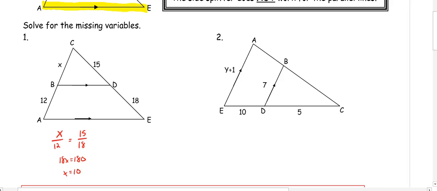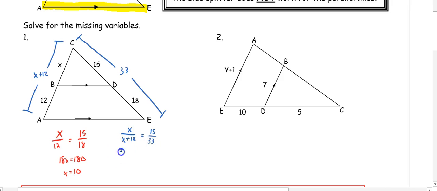So just a faster way of doing the problems compared to yesterday, because yesterday we would have had to do the entire length of both sides. So this side would have been x plus 12, and this side would have been 15 plus 18, which would have been 33. So if I was solving like we did yesterday, we would have had x over x plus 12 equals 15 over 33.